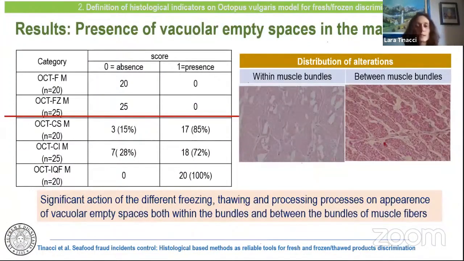More about the presence of vacuolar empty spaces in the mantle. Again, there was a clear discrimination between the fresh and frozen, all the kind of frozen product, with the appearance of vacuolar lesion and empty spaces in all the frozen categories, between and within the muscle bundles.